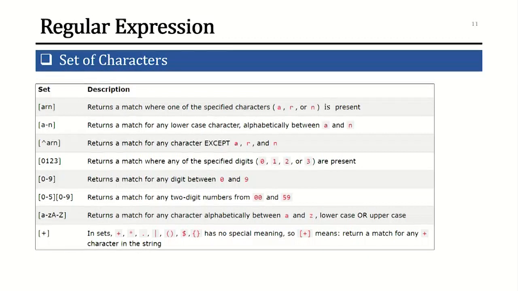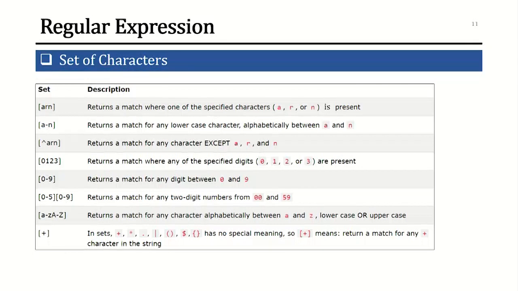And if you want to match 2 digits, for example, in the example 0 to 5 and 0 to 9 range, it will allow you to return a match for any 2 digit number. The first digit must be between 0 and 5, and the second digit must be 0 to 9.